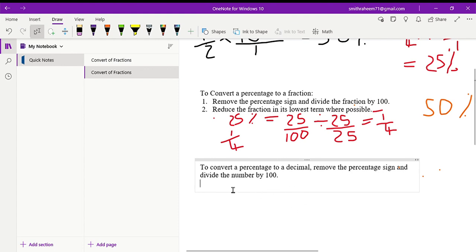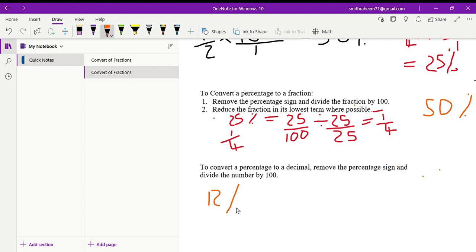Alright, so for example, you have 12%. Sorry about that, guys, trying to make it a percentage. Looks much better, right? And you want to convert 12% to a decimal.